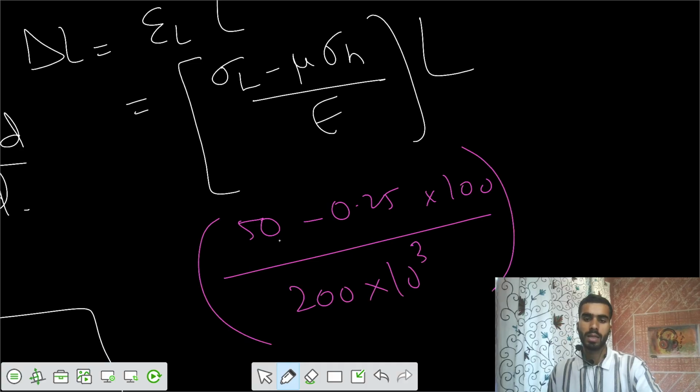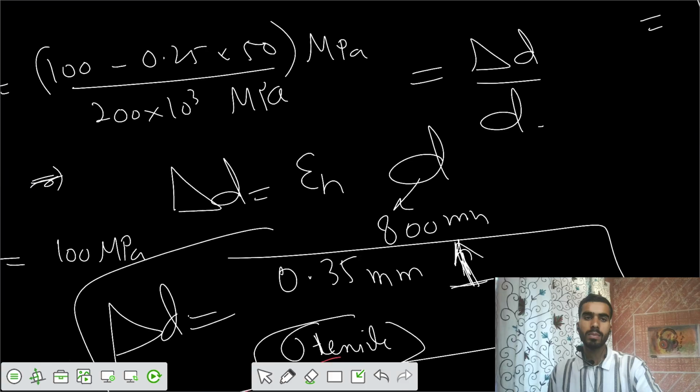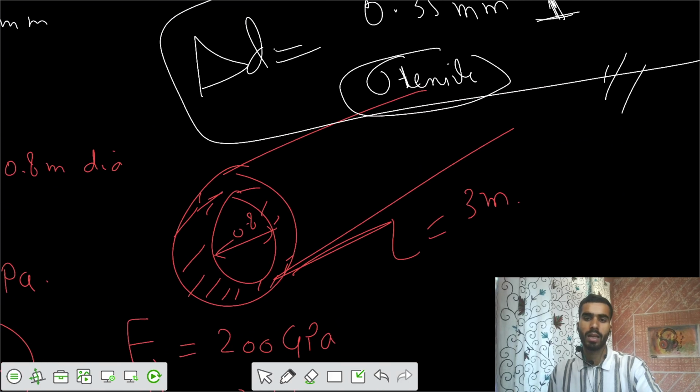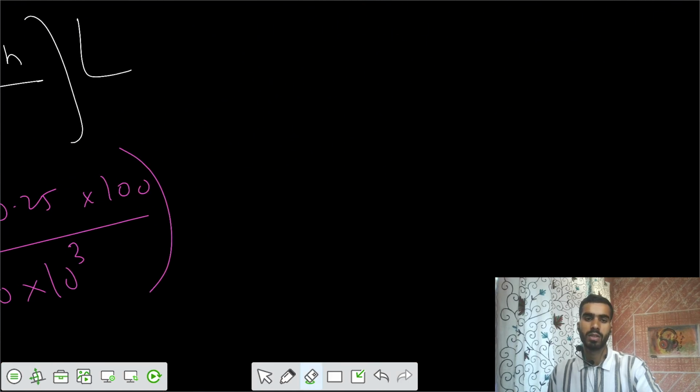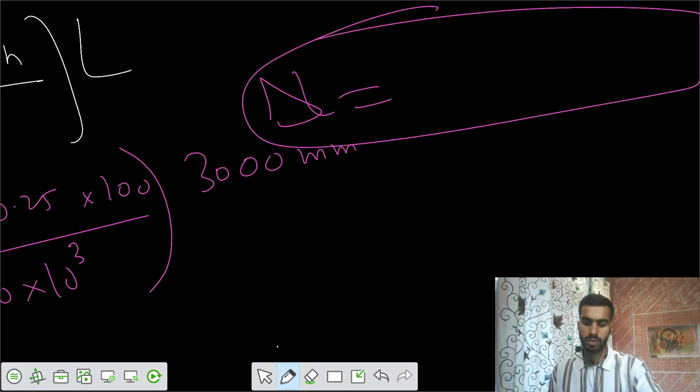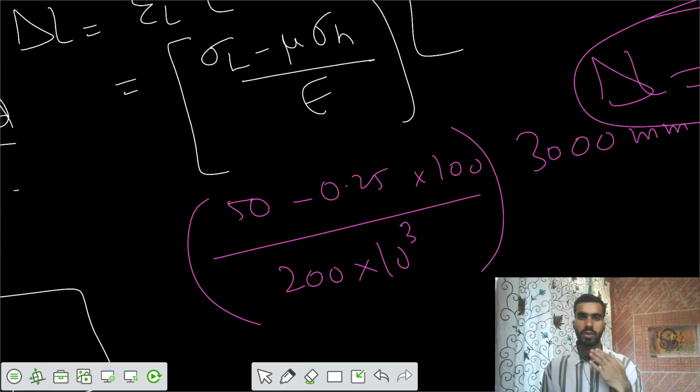Multiply by the length L. What is the value of L? 3 meter, 3000 millimeter. So the change in length is 0.375 millimeter.